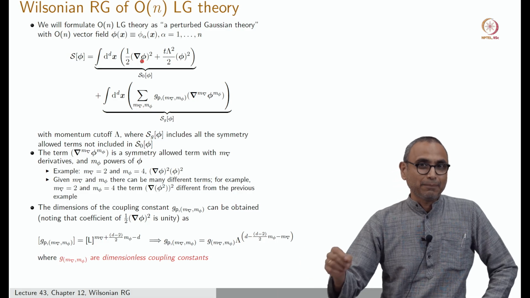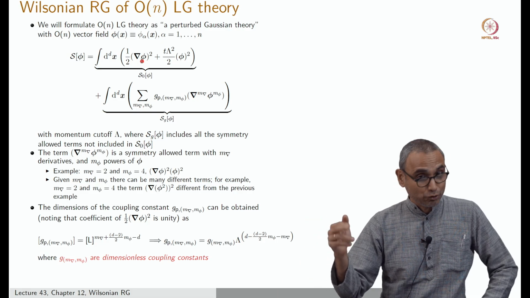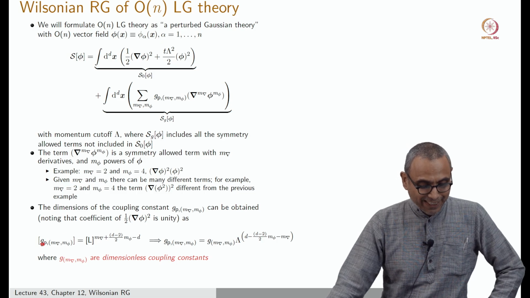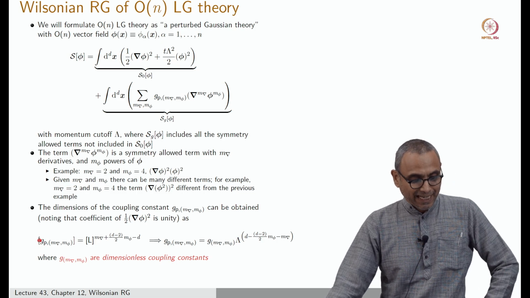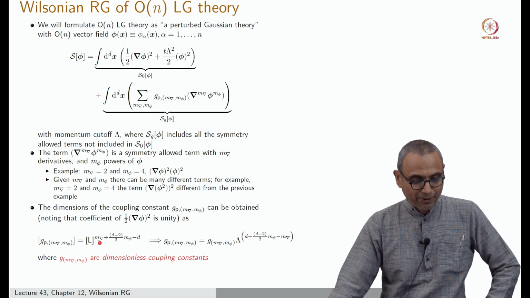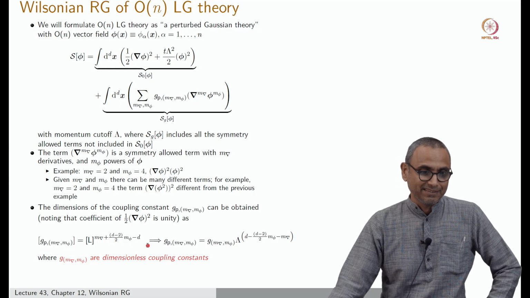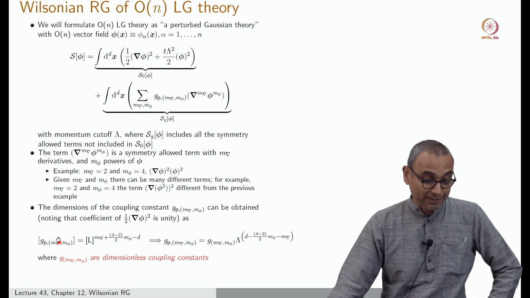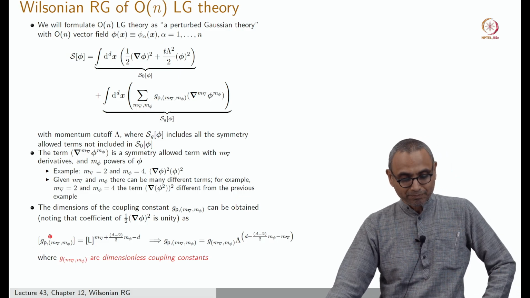Once you fix that, it will fix the dimension of the field phi, and we know that phi has dimensions length to the power minus (d minus 2) by 2. I hope you remember that. And then you will very easily be able to compute the dimension of this G_P, the physical quantity. So this goes as L to the power m nabla plus (d minus 2) by 2 times m phi minus d. So this is the dimension of this coupling constant, sorry.